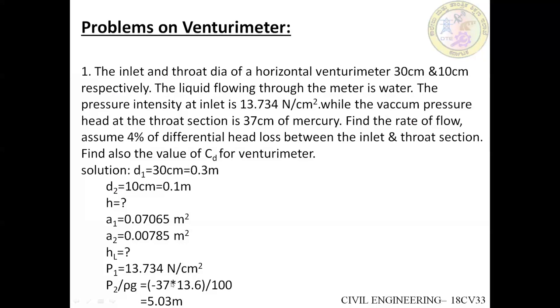So we need to multiply that value by the specific gravity of mercury to convert it to the liquid flowing through the pipe, that is water, and divide by 100 to convert centimeter to meter. So we will get the pressure head at section 2, which is coming around 5.03 meters.